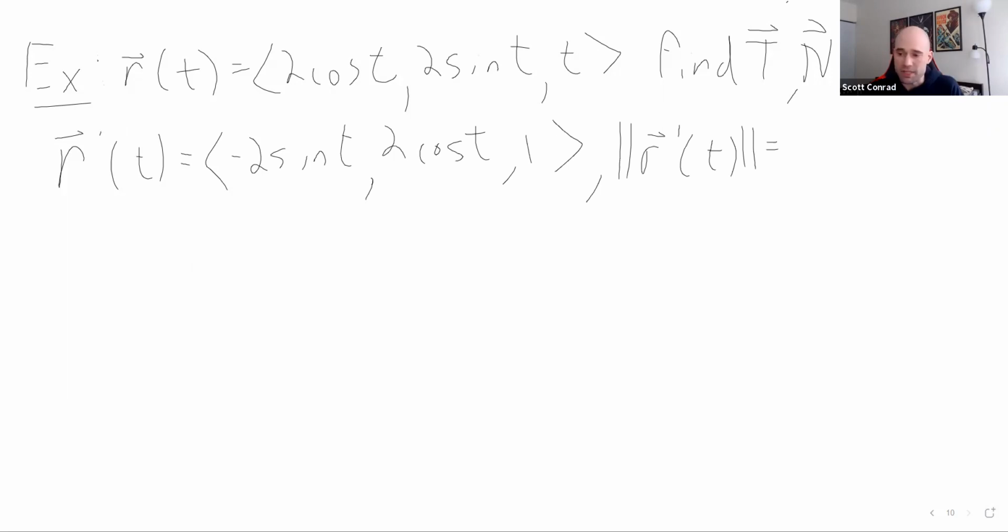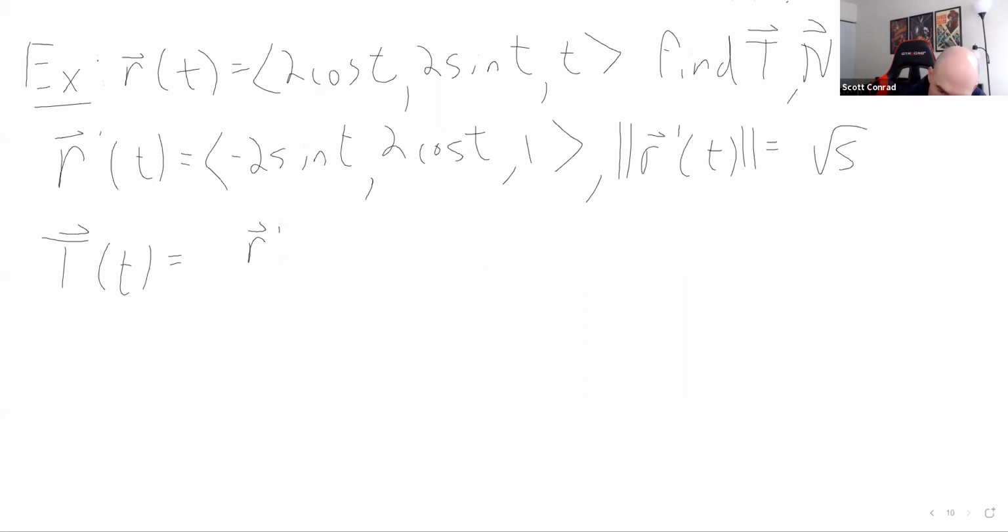And what's the magnitude r prime t going to be? What do we get? Square root 5, correct.